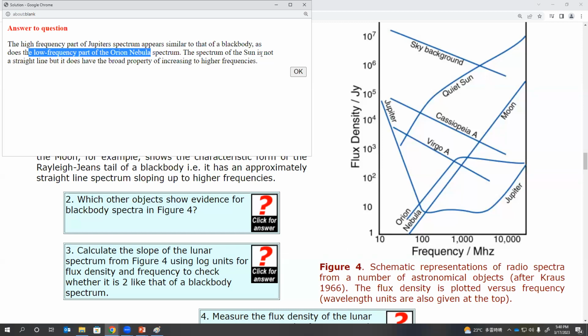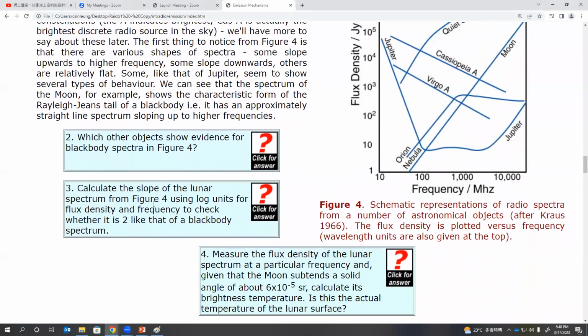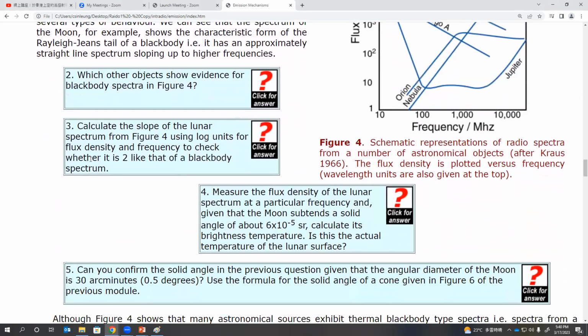And the spectrum of the sun is not a straight line, but it does have a broad property of increasing at high frequencies.